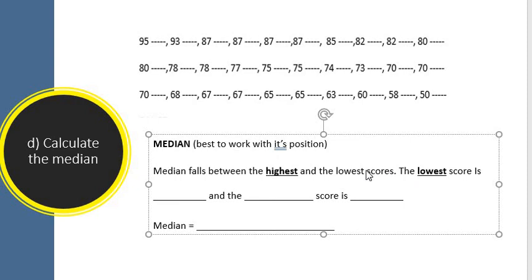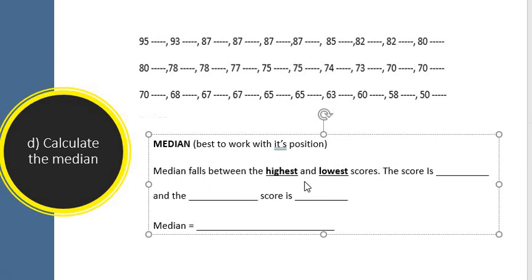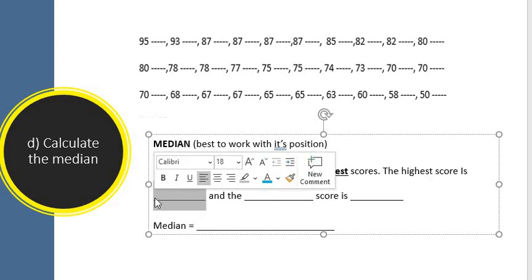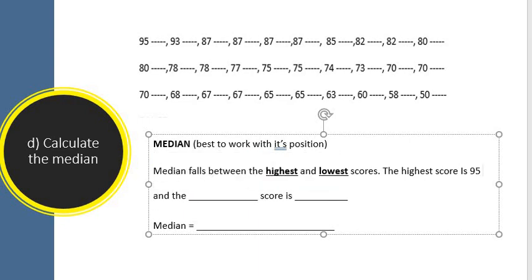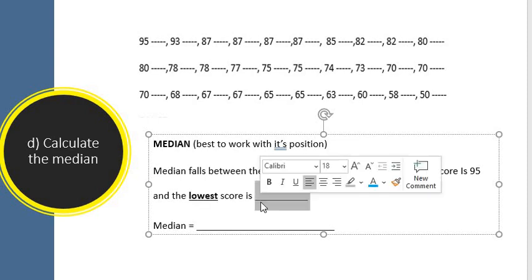What's the highest score? You would have seen that the highest score is 95, and the lowest score is 50.